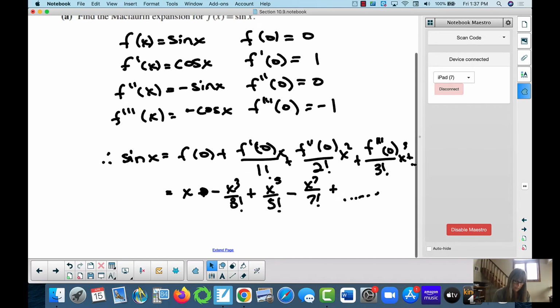Well, what that means is, if we write this as a series, it's an alternating series. The first one is positive, so it's an alternating series like this. And then we have all the odd powers. So it's x to the 2k plus 1.